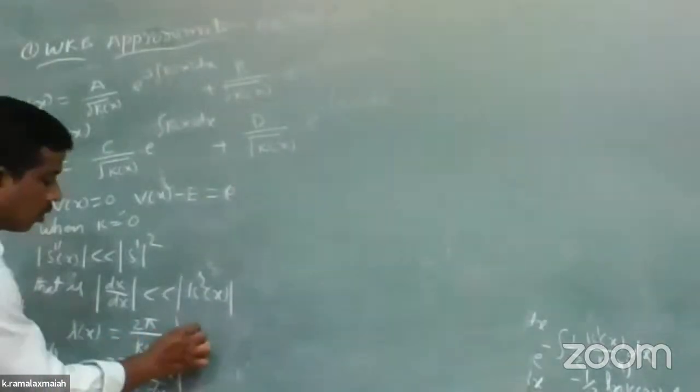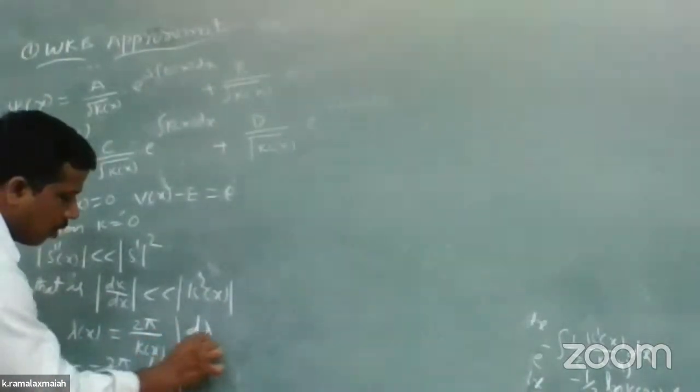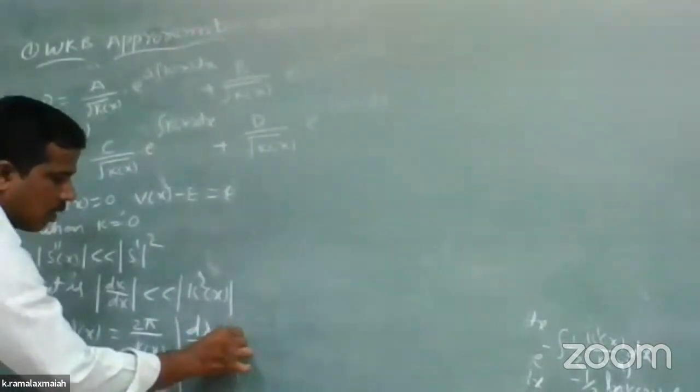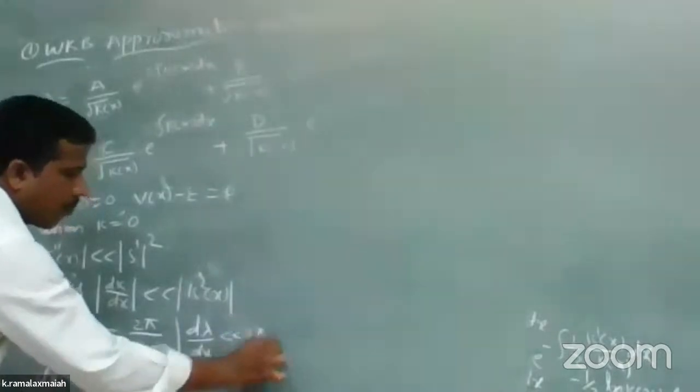And similarly, for a small change, d lambda by dx is much less than 2 pi.